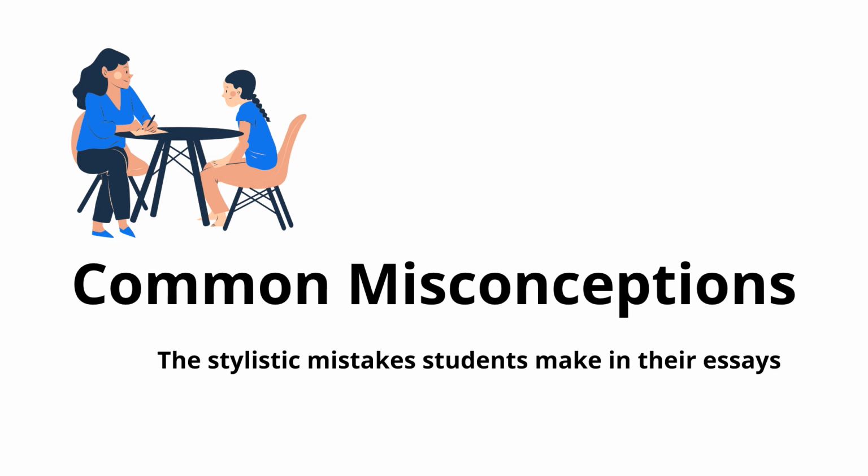We're going to go ahead and start with common misconceptions. These are common mistakes in student writing that a lot of students think make their writing better, or they don't know how to do differently because they just don't have the skills that would prevent these mistakes from happening. I want to talk about these things first because I think they are some of the easiest mistakes in writing to fix.